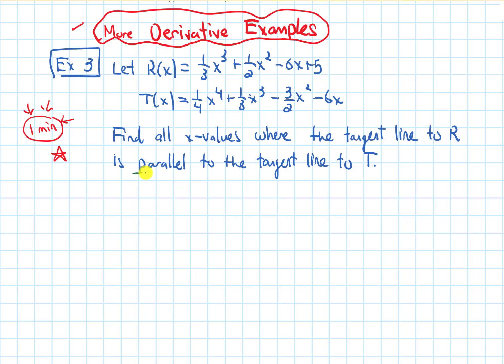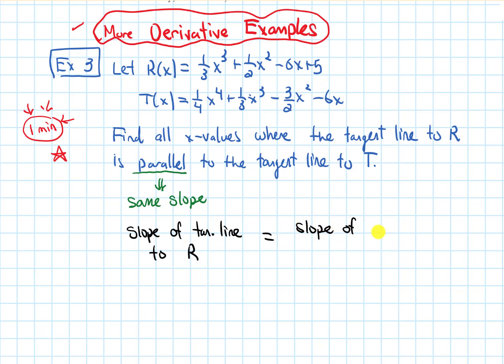So it mentions that these two tangent lines need to be parallel. And lines are parallel if they have the same slope. So we are going to need the slope of the tangent line to r to be equal to the slope of the tangent line to the function t.